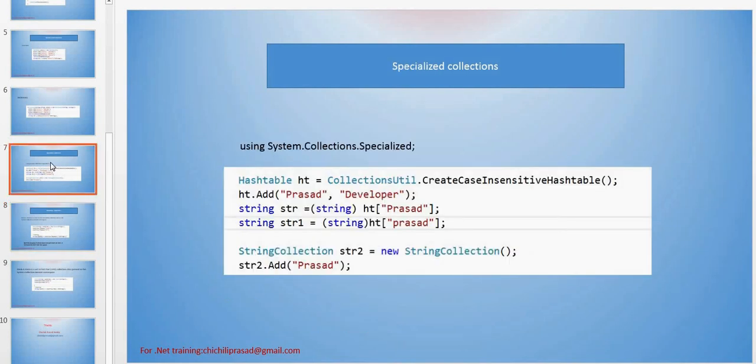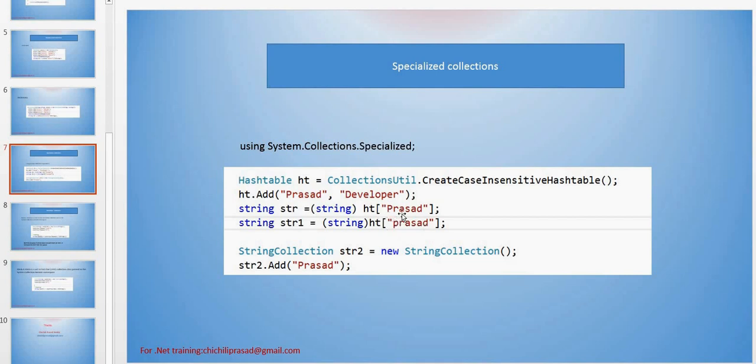specialized collections. In the specialized collections, I have given two examples. First one is hash table. It's not the hash table which we used in key value pair. This is a different one. It's a case insensitive hash table. So here capital P and small p are same.